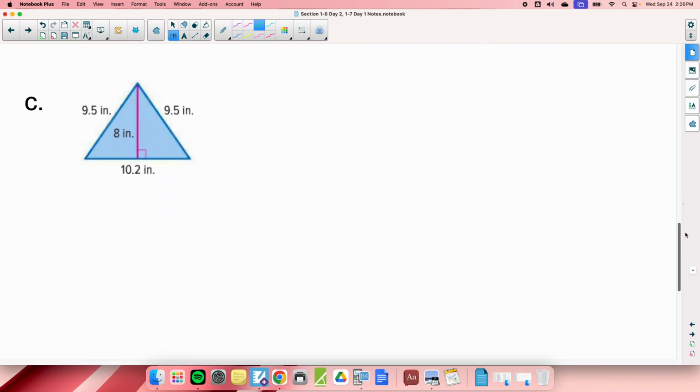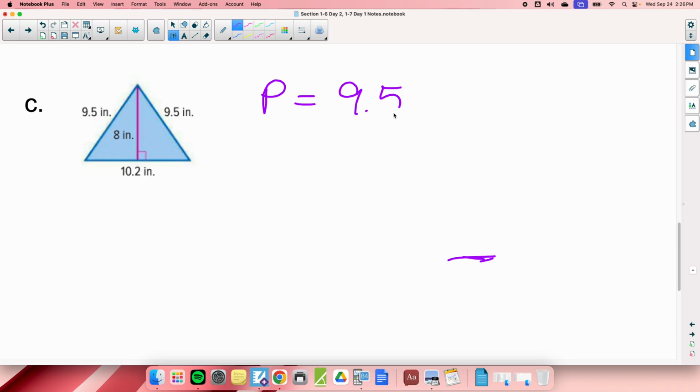All right. Now let's look at our next one here. The first thing we have to do is find the perimeter. Does anyone want to guess how you'd find the perimeter of that triangle? 9.5 plus 9.5 plus 10.2. You would add the 3 sides together on the outside, right? So we would go 9.5 plus 9.5 plus 10.2, okay?